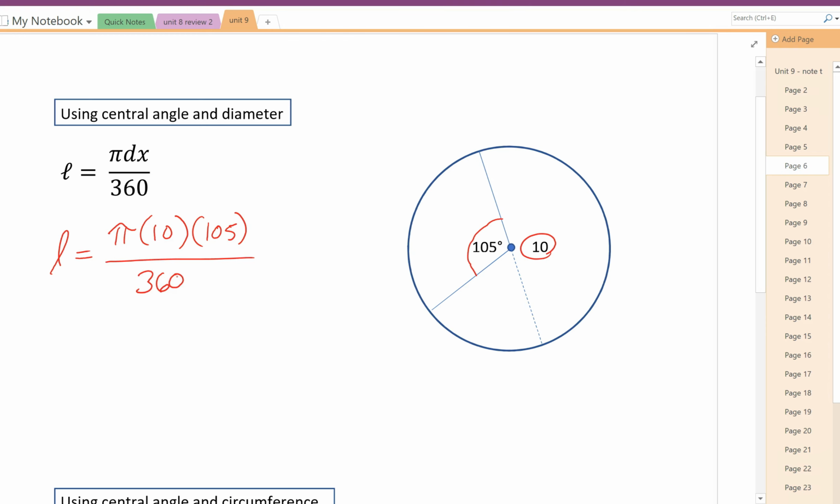And so if the diameter here is 10, it means the radius is 5. So I should get exactly the same answer as I got before if I'm looking for the arc length of A to B here. And what I got on the last one was 9.16.